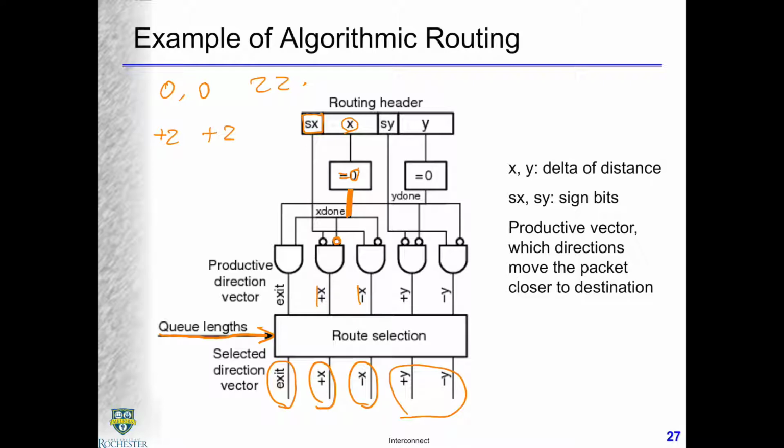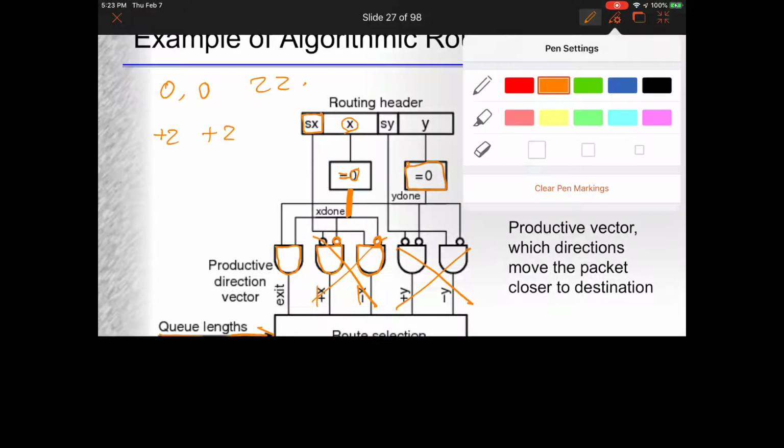So that's where I have this inverted result driving my AND gate. If I'm done in x, then plus x or minus x would not be good choices. If I'm done with y, same thing, then plus y and minus y wouldn't be good choices. Then the only good choice is I'm there. I'm going to exit.